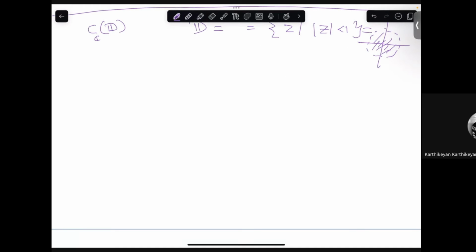Let me ask the same question before I ask. I have Z. Can you think of a field which contains this Z? Most people go immediately to Q. Why did they go for Q? They went to Q because Q intuitively has some good property which cannot be expressed at the moment.